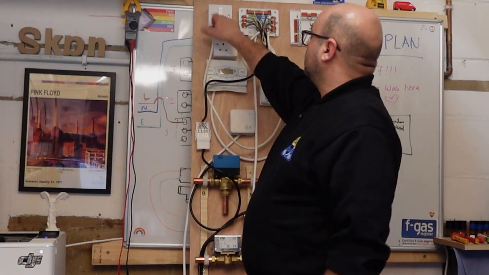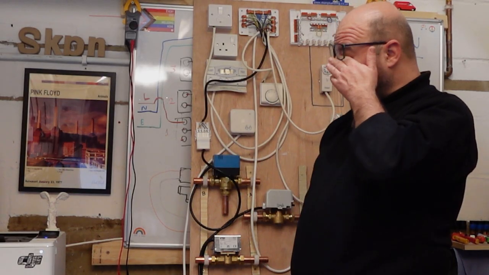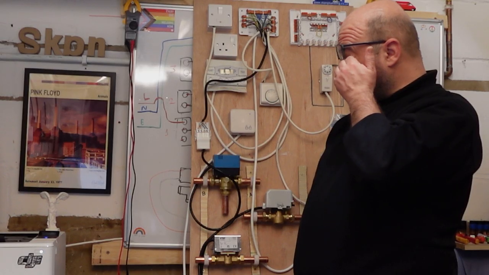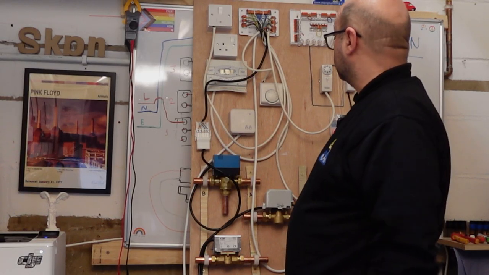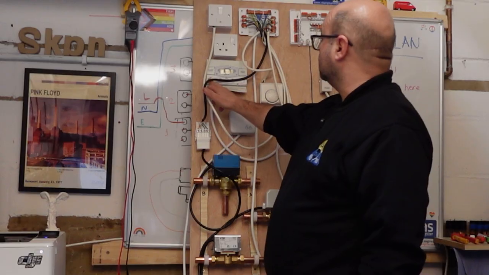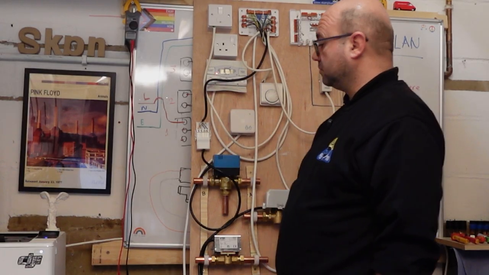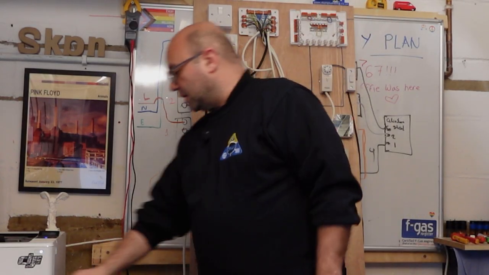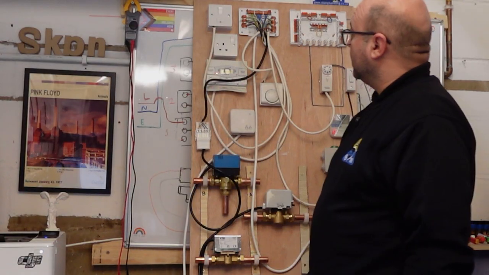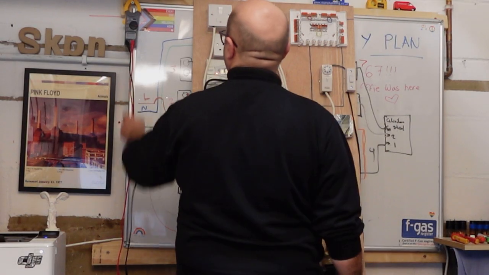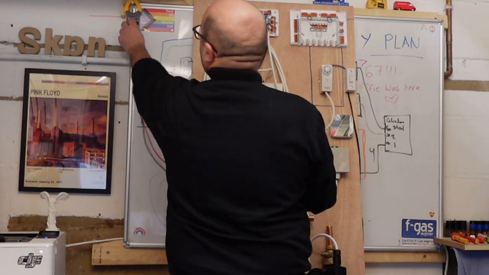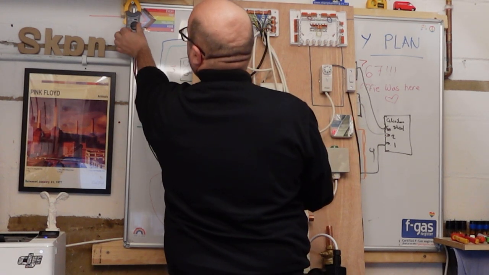So we turn the system on. And we call for hot water. And probably I have to zoom in a little bit, I'm not sure anyway. And we will go to AC volts.